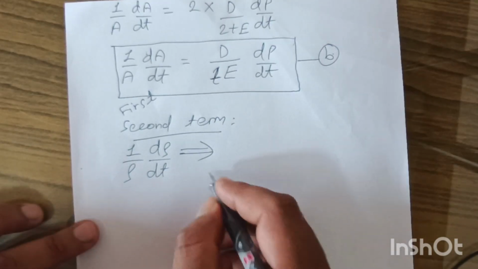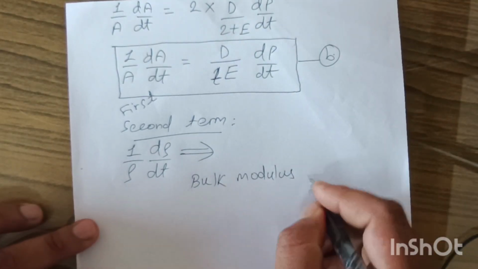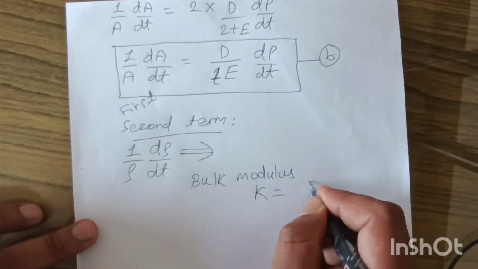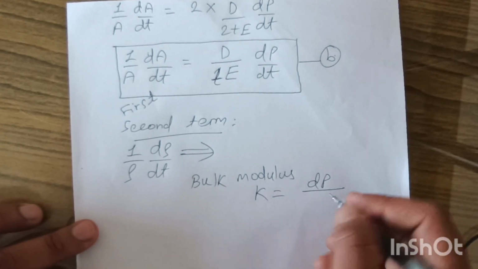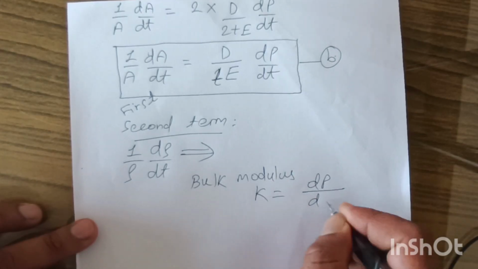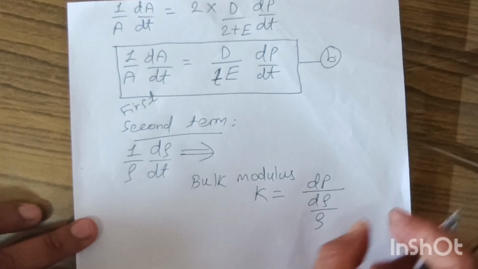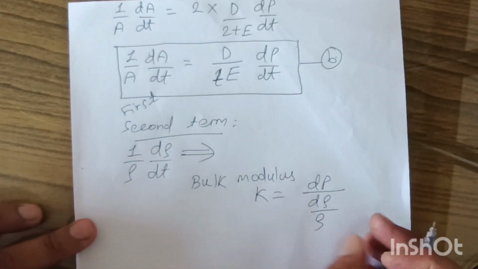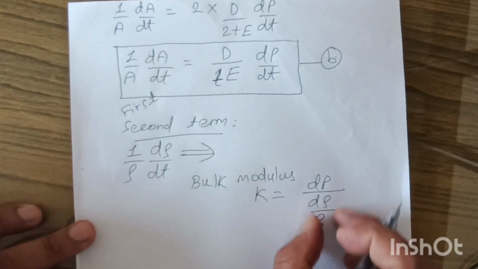We use the concept of bulk modulus here. We know that bulk modulus K is equal to change in pressure by dP by d rho by rho. We can convert this using volumetric strain, and the volumetric strain is the same as change in density by original density.